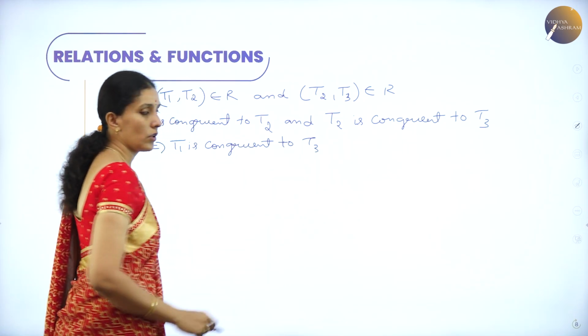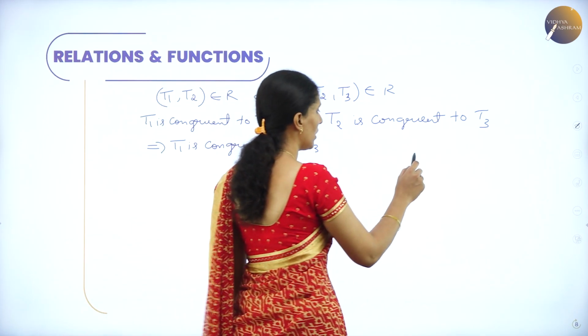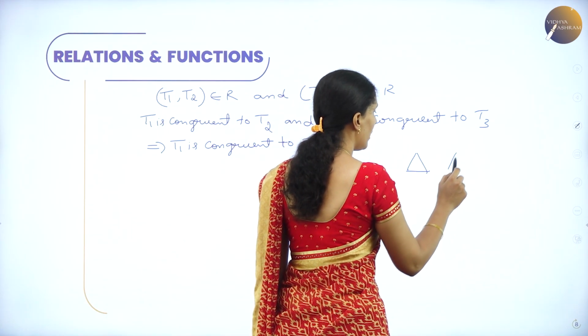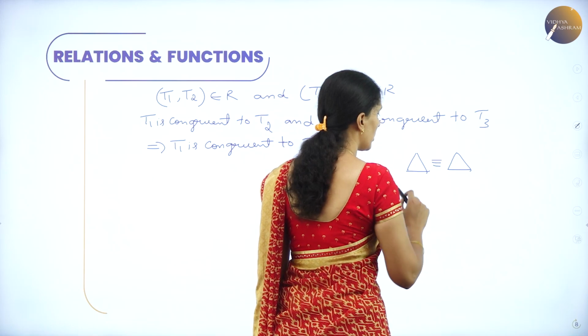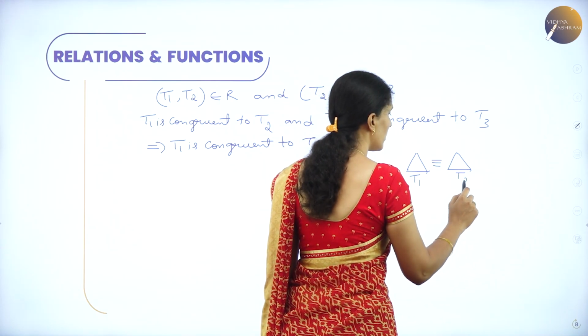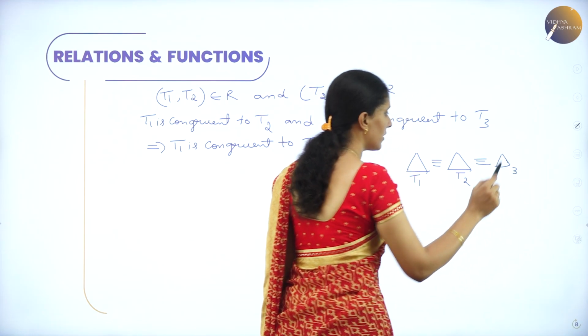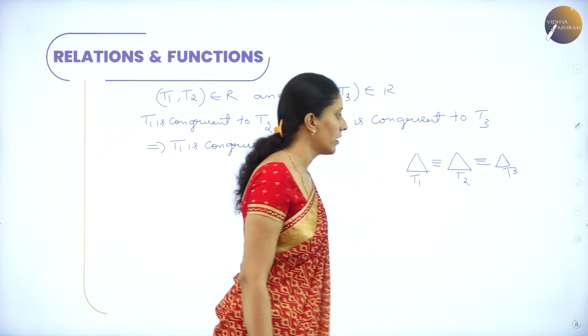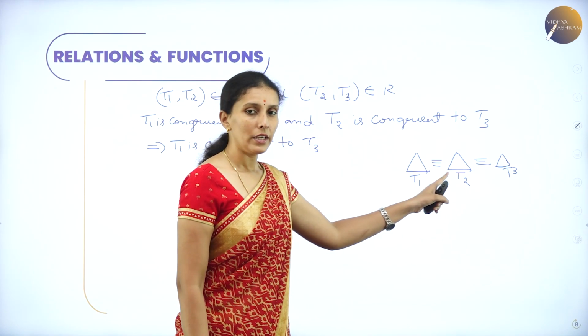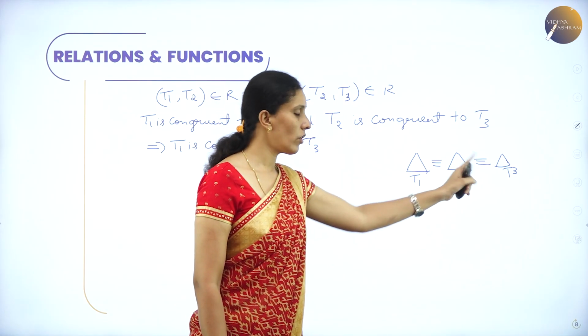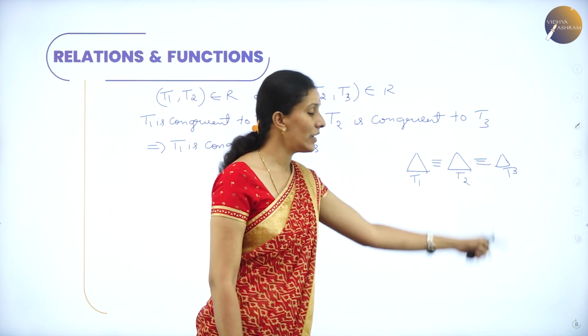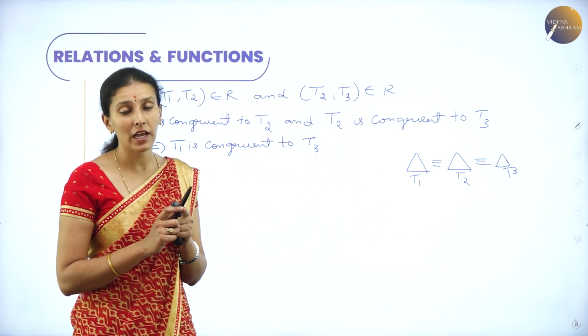So this implies T1 is congruent to T3. If I have three triangles such that T1 and T2 are congruent to each other, so this is T1, this is T2, and T2 is congruent to T3, triangle 3. So this is T3 I can take. If these two are equal in size and shape, and these two are equal in size and shape, then obviously T1 and T3 are equal in size with the same shape.